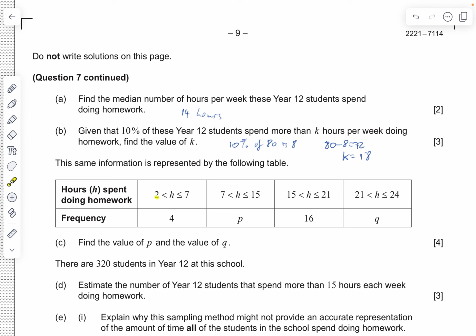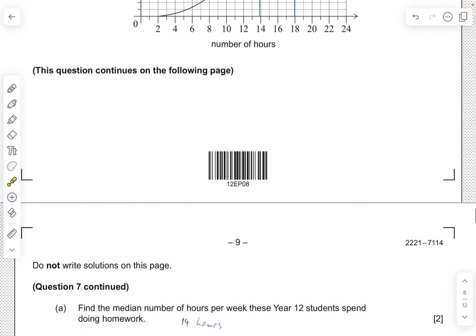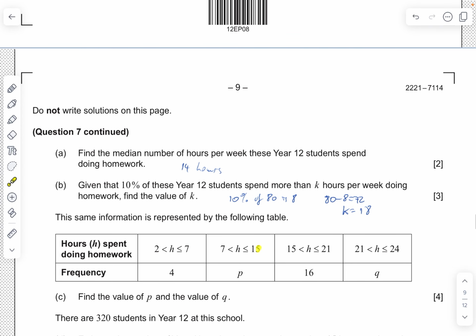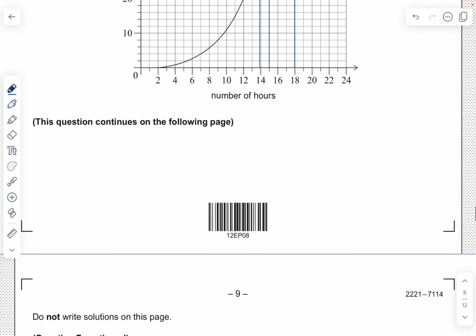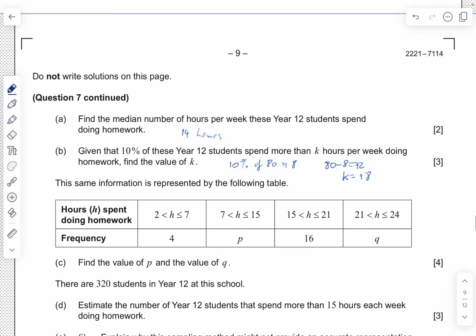So between 2, that's when it starts, to 15. Let's see how we have by the time we get to 15. When I get to 15 hours, I've got 60 students. So that means that I've got 4 in this first section and this here.